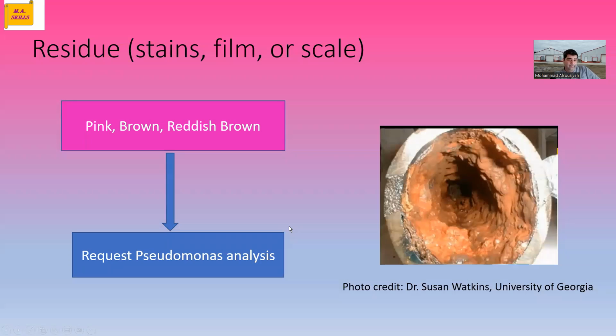All right. The next thing about water observational tests is to look at the residue, like stains, film, or scales in your water line. If you see pink, brown, or reddish brown stains in your water line, or, as I said, even on your bathtub, request Pseudomonas analysis.